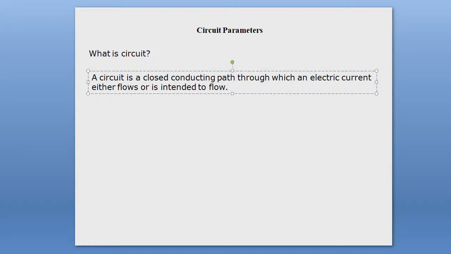Okay, so the answer of everyone is correct, but the exact definition of this question is that a circuit is a closed conducting path through which an electric current either flows or is intended to flow.